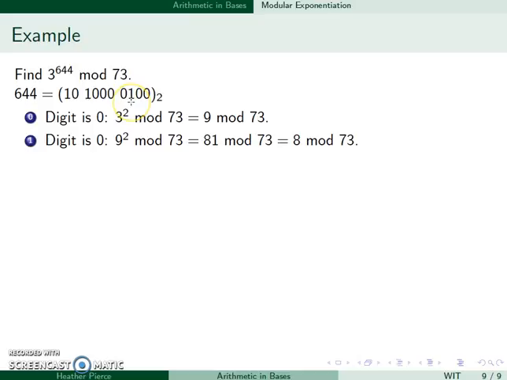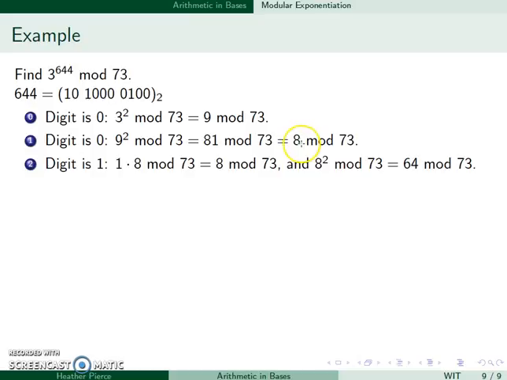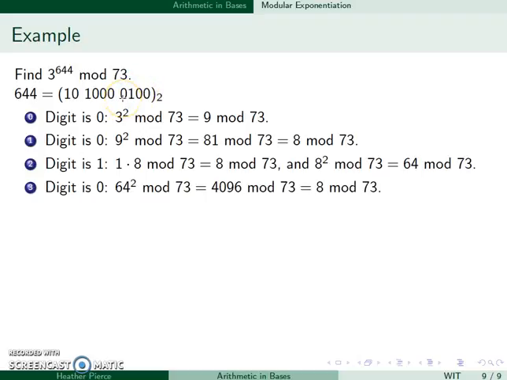This means I'm going to have 2 steps. I take what I got in the last step, and I multiply by 1 to get 8 again. And I also square what I got in the last step, so I'm going to square that 8 to get 64. The fourth digit is a 0, so I'm going to square 64, and that gives me 8 mod 73.